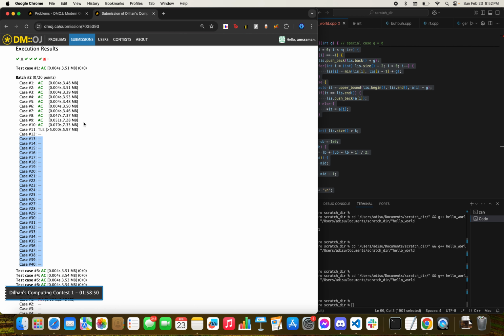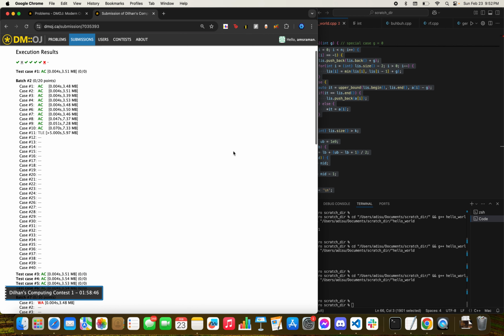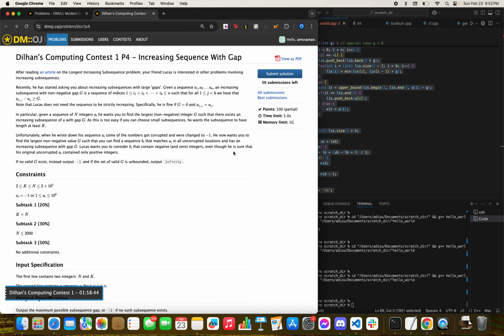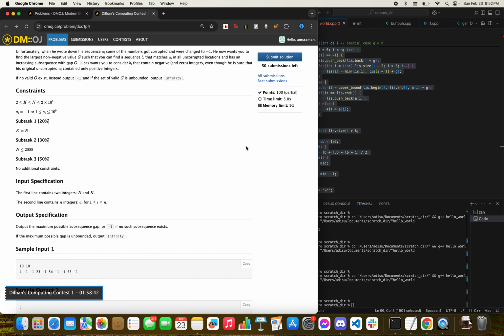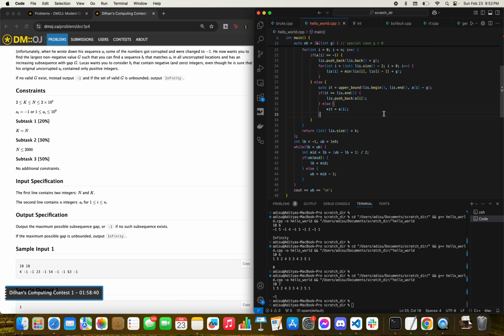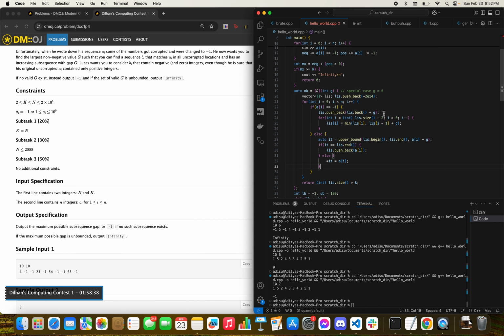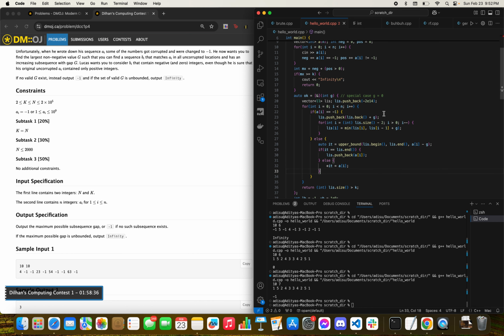TLE, really? What is batch 2? Really? This TLEs? Is n log squared n not intended to pass? Damn, okay.